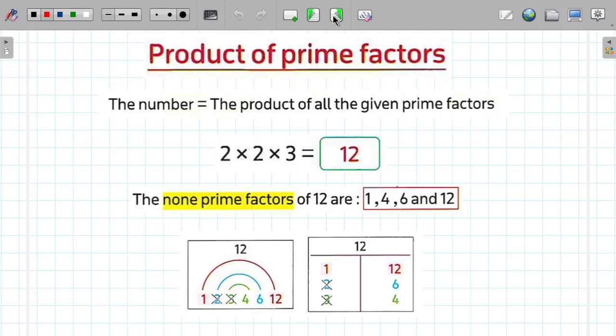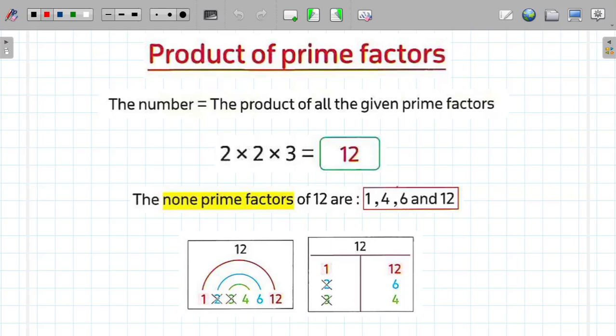The second part here is about how to reach the number or know the number by multiplying its prime factors. Okay? And I want also to find the remaining factors of this number.